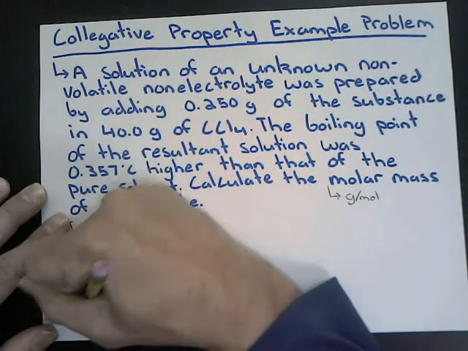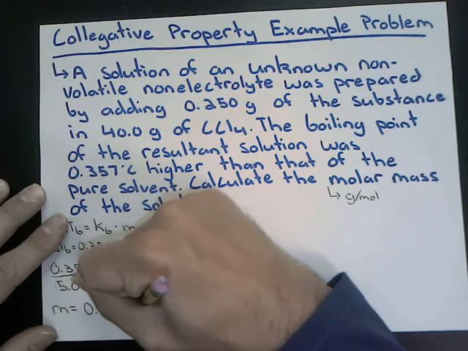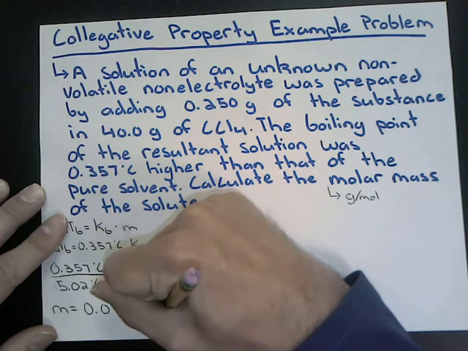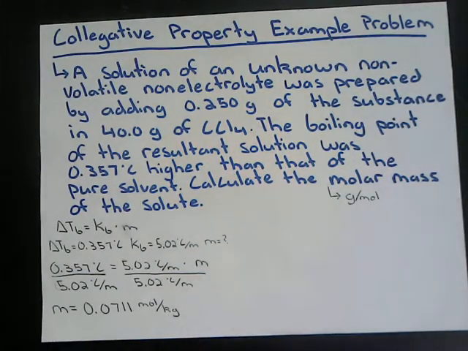So molality equals 0.0711 moles per kilogram. We're still not at grams per mole. We're still not at the molar mass of this unknown compound, but we can get a little bit closer with our molality.